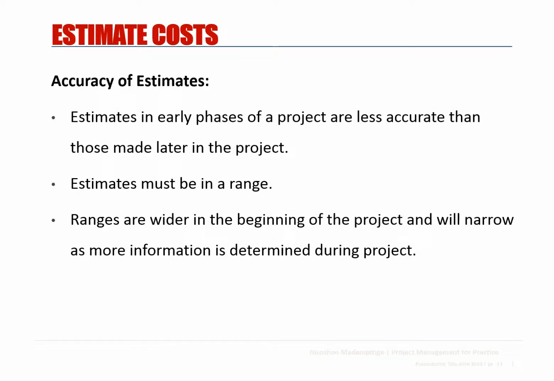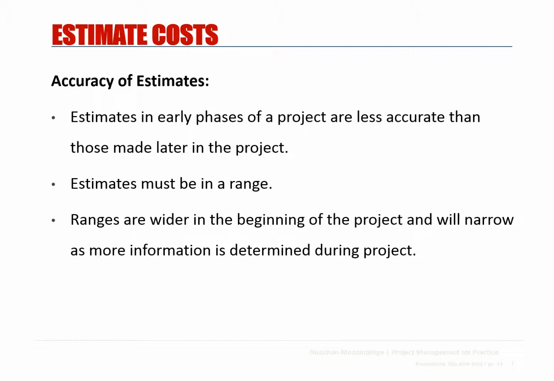Accuracy of cost estimates. When you estimate the cost, it's essential that certain level of accuracy is agreed and maintained during your estimations. Estimates in early phases of a project are less accurate than those made later in the project.